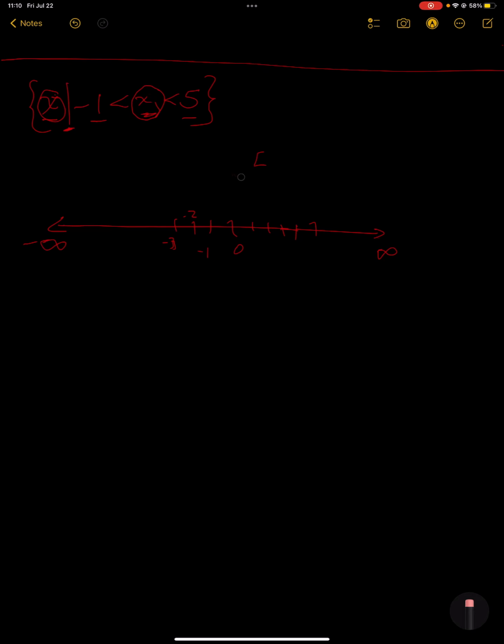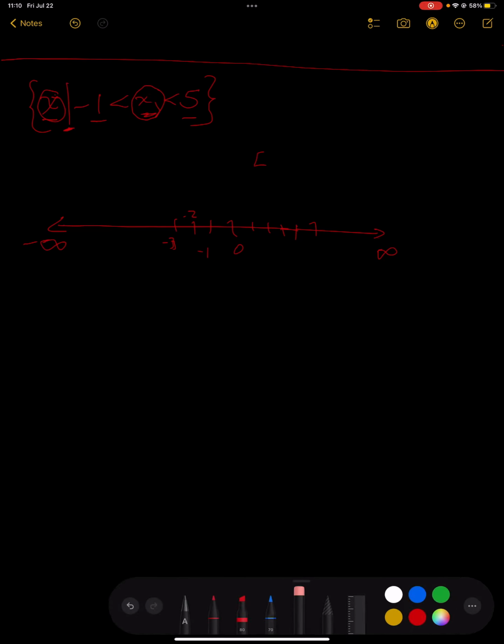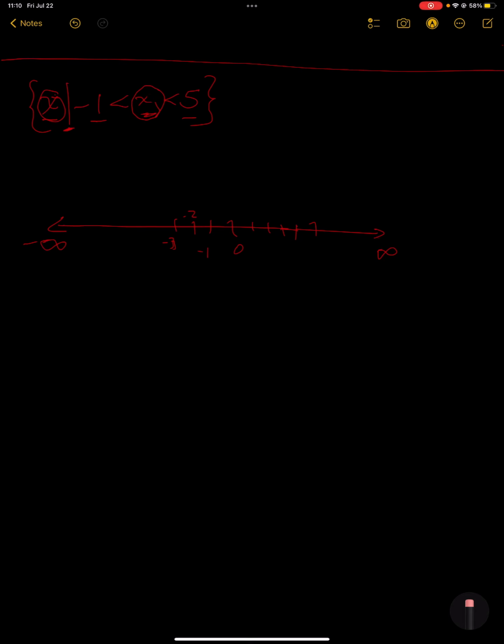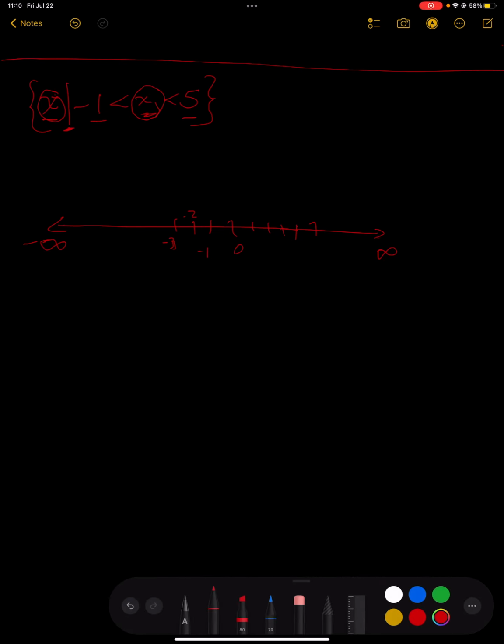And then the bracket means that the -1 is actually included. So in this case, the -1 is not included. How do we know? Because the sign says less than. So -1 is less than x and x is less than 5.